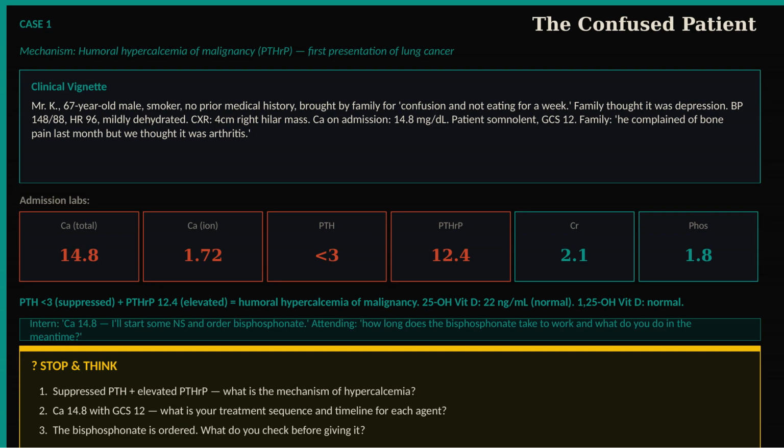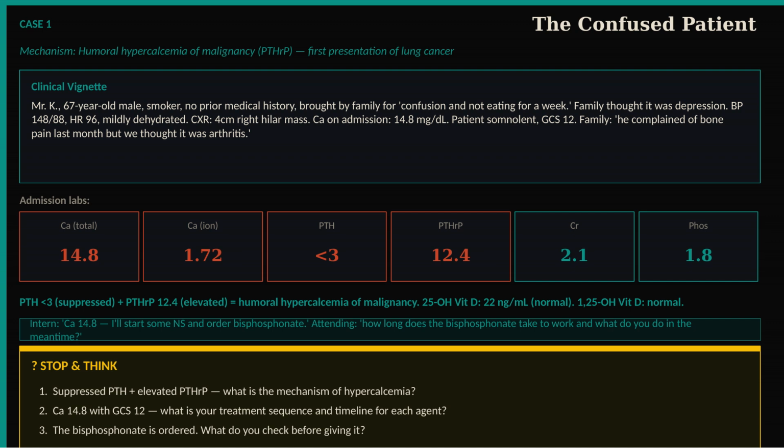Mr. K, 67, a smoker, no prior history, brought in by family for a week of confusion and not eating. They assumed depression. He's mildly dehydrated, and a chest X-ray shows a 4-centimeter right hilar mass. His calcium on admission is 14.8, ionized 1.72, and he's somnolent, GCS 12.